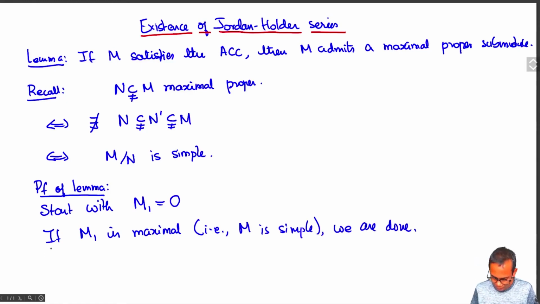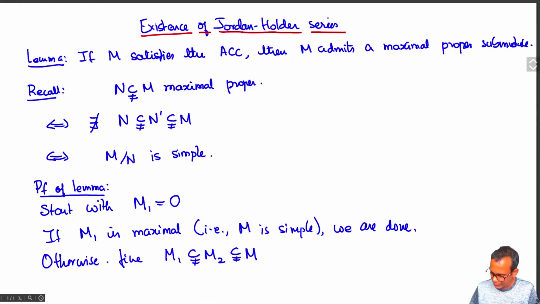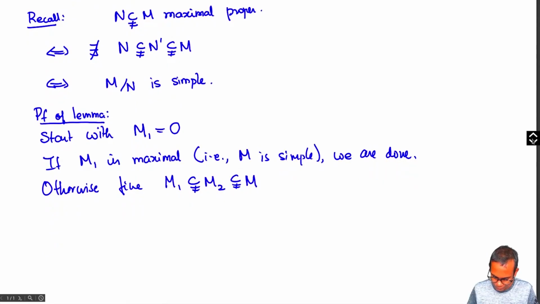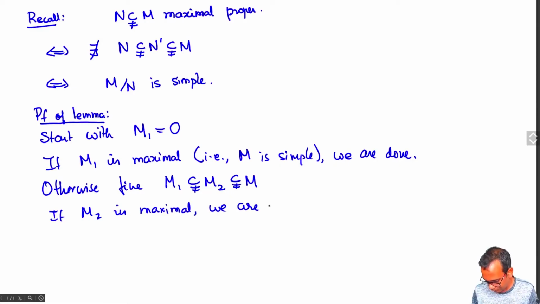Otherwise, find M2 such that M1 is strictly contained in M2, which is strictly contained in M. And now either M2 is maximal, and we are done.